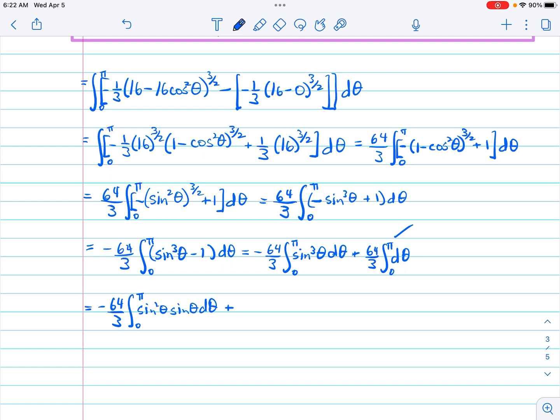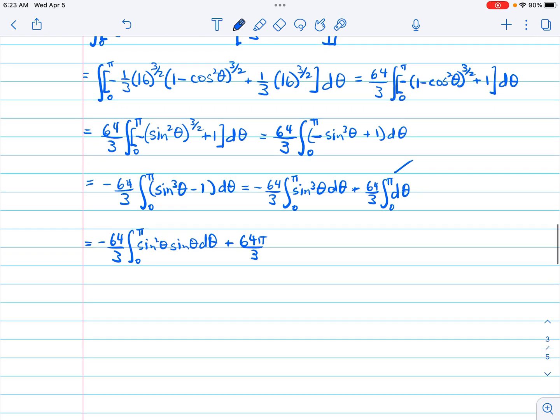And this one, I've already determined is 64 pi over 3 if I integrate that. Okay, so let's see what we've got here. We've got negative 64 thirds, 0 to pi, 1 minus cosine squared theta. I just changed the sine squared theta to 1 minus cosine squared theta.